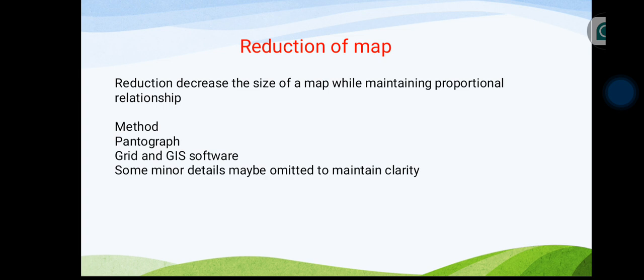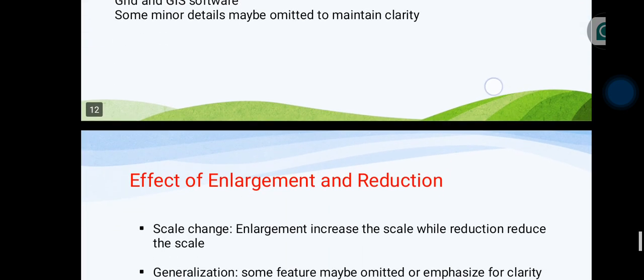Now note, when you reduce a map, some minor features or details may be omitted to maintain clarity. Just have this at the back of your mind, that features that are too small may be omitted so that the clarity of the map will stand out.